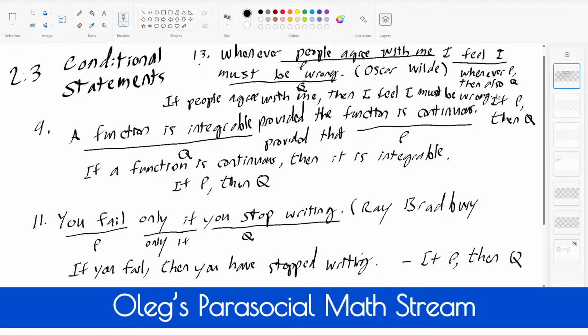Okay, if people agree with me, then I feel I must be wrong. If P, then Q. All right, let's check that. I'm rechecking, obviously. Okay, if people agree with me, then I feel I must be wrong.